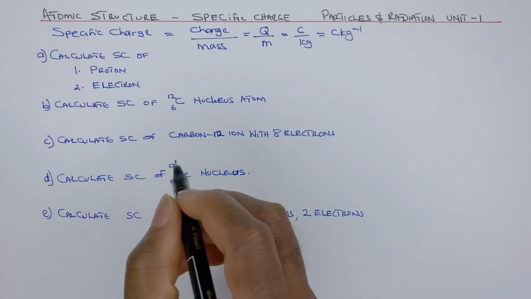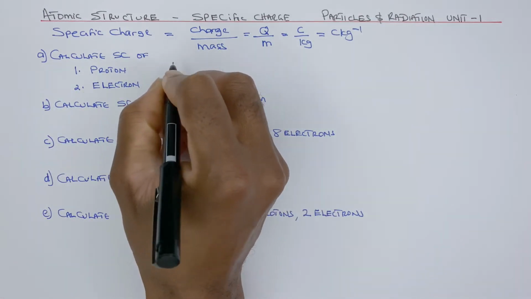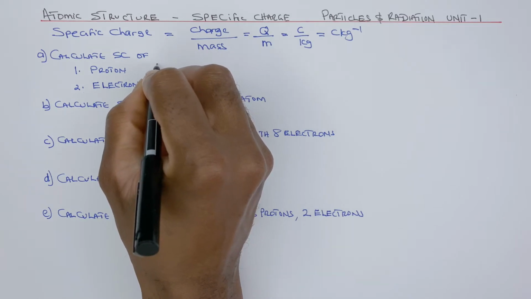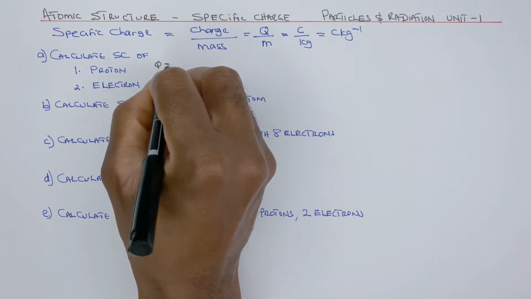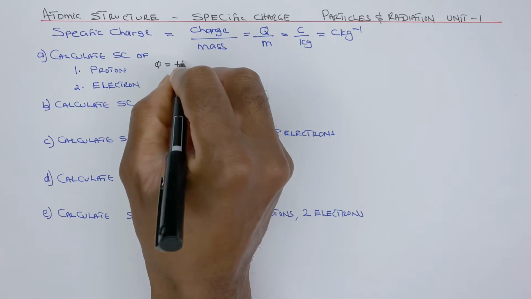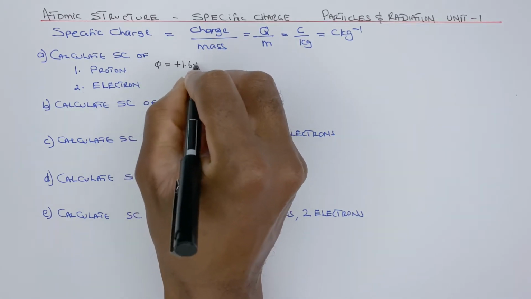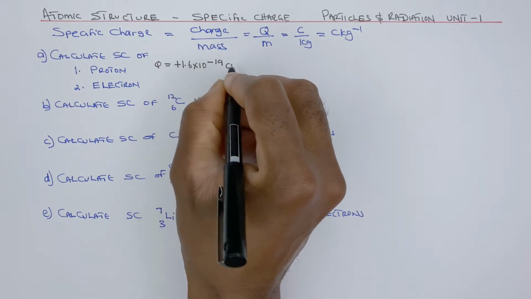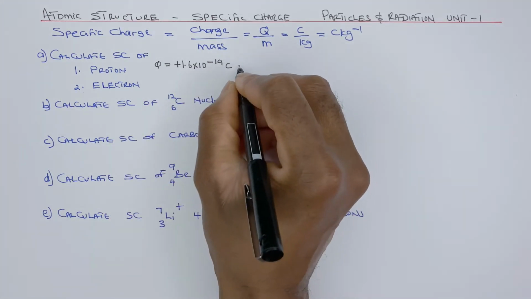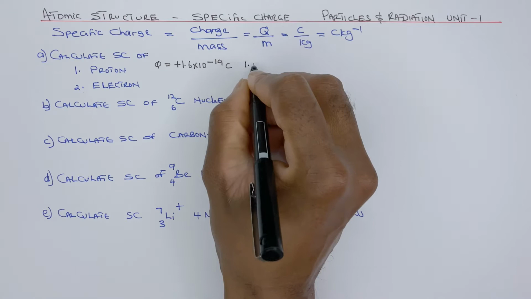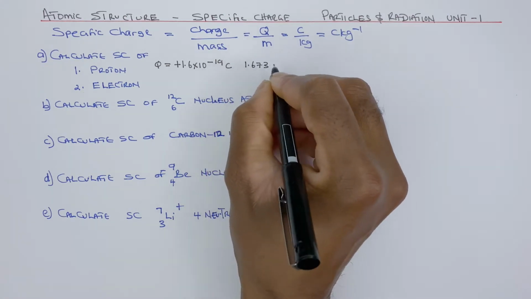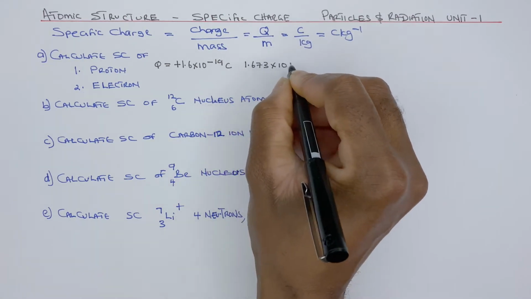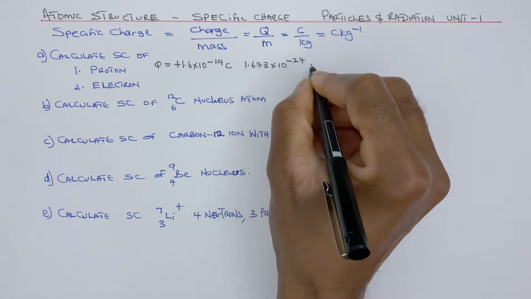We know the mass of the proton and the charge of the proton. For a proton, the charge Q is plus 1.6 times 10 to the power minus 19 coulomb, and the mass of the proton is 1.673 times 10 to the power minus 27 kilogram.